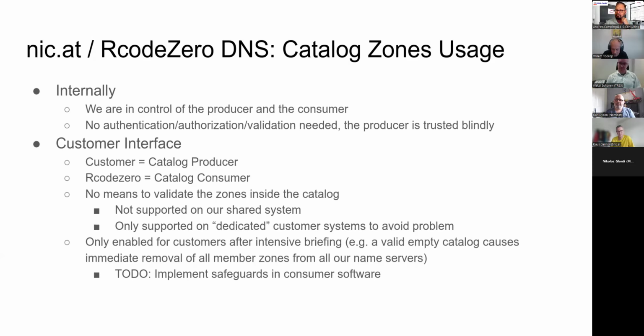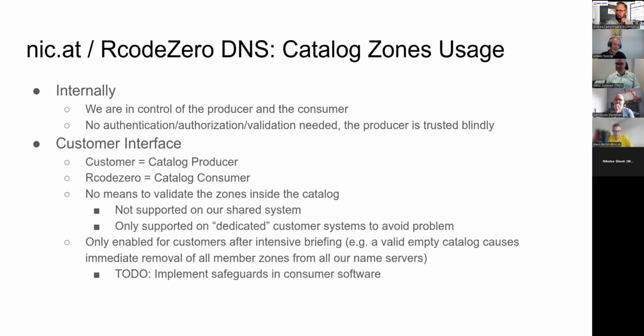Yep. So I have another quick question. Was implementing to be a consumer for customer catalog producers by customer request, or did you just offer this as a service? We heard it a few times as a request, and then we said, oh, we don't have it, but here we have a REST API, and here's a 5-line bash script to add all your zones automatically.